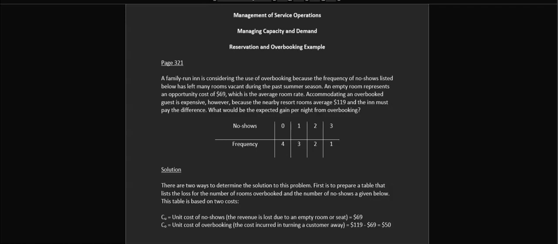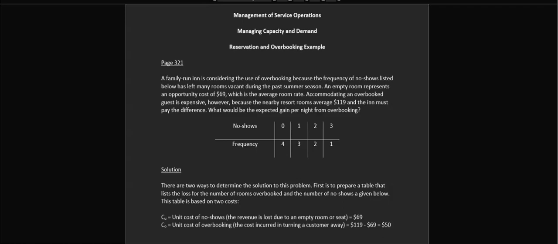So in this example, a family-run inn is trying to decide the cost trade between overbooking and underutilizing rooms. As you can see here, an empty room is an opportunity cost of $69, what they charge per night. If the room is empty, they lose that opportunity to make $69.